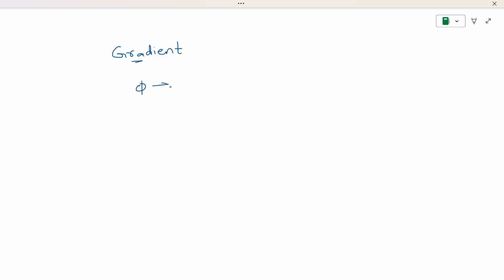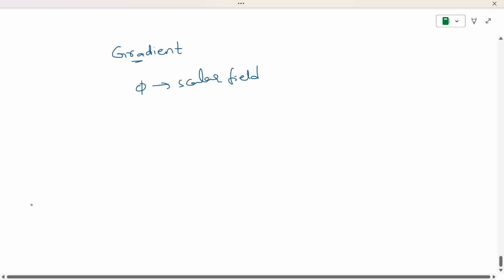Phi is a scalar field, and we know that the scalar field changes as it is a field. It changes based on time and also the position in space. Now, what does the gradient operation give? It gives the maximum.